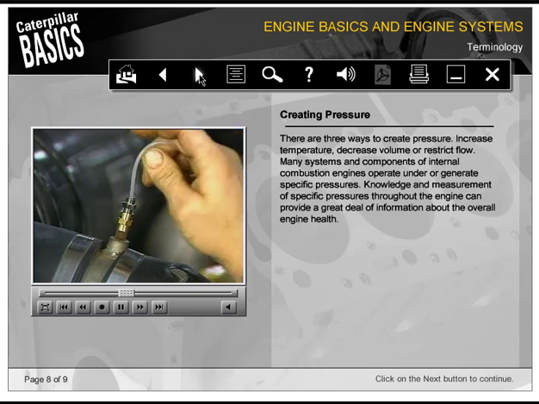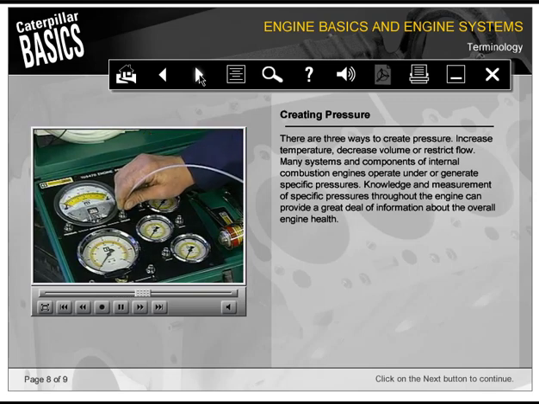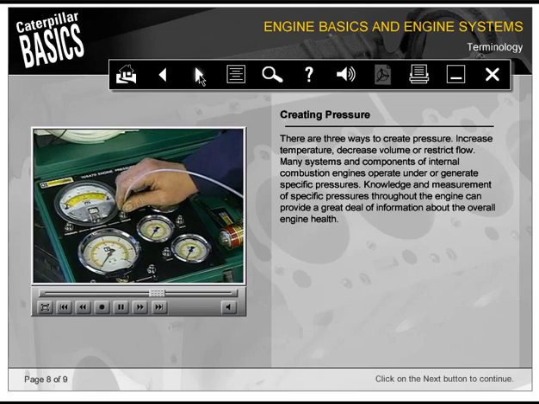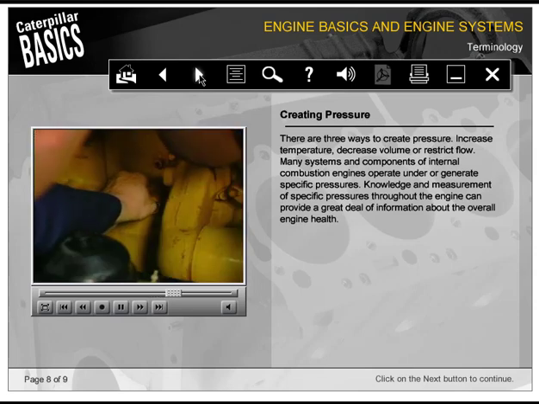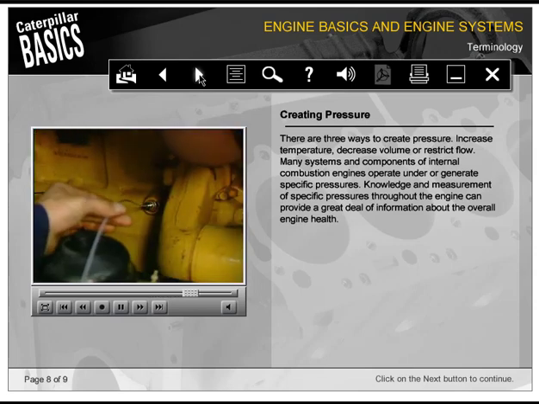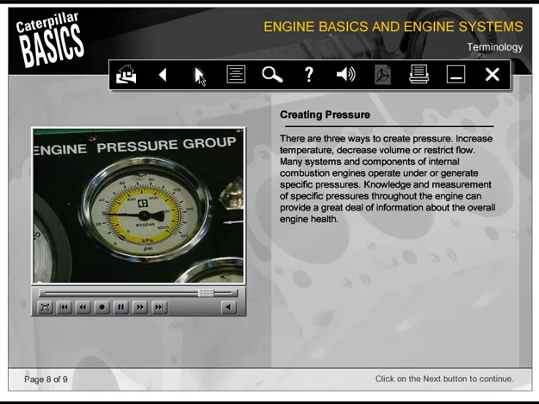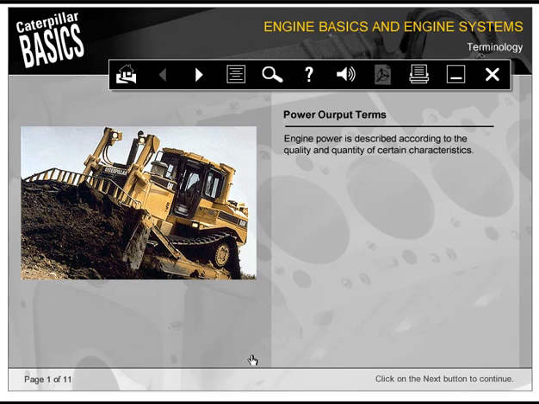Many systems and components of internal combustion engines operate under or generate specific pressures. Knowledge and measurement of specific pressures throughout the engine can provide a great deal of information about the overall engine health.